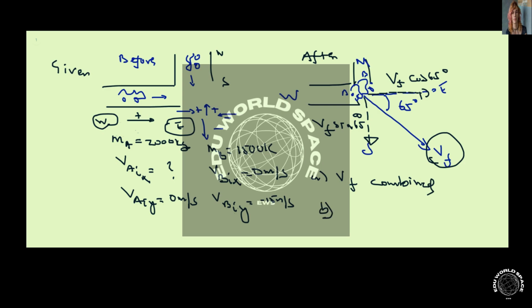We also want to find the initial velocity in the x direction for A, the velocity of A just before collision. Assume we have limited friction and we're using the laws of conservation of momentum.